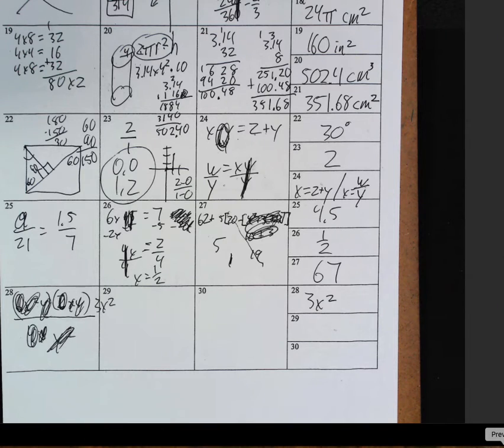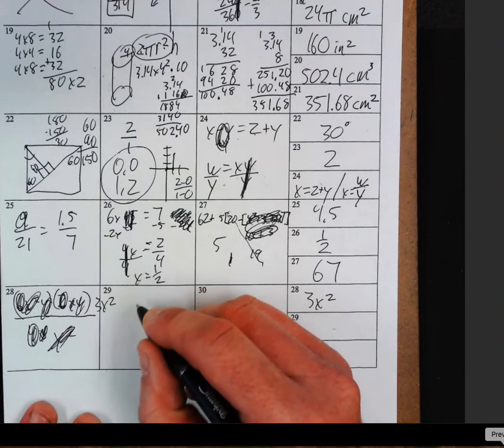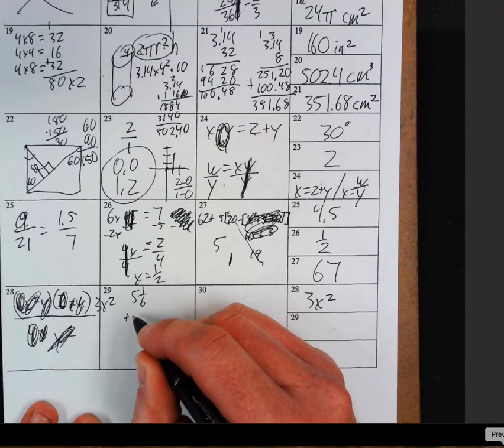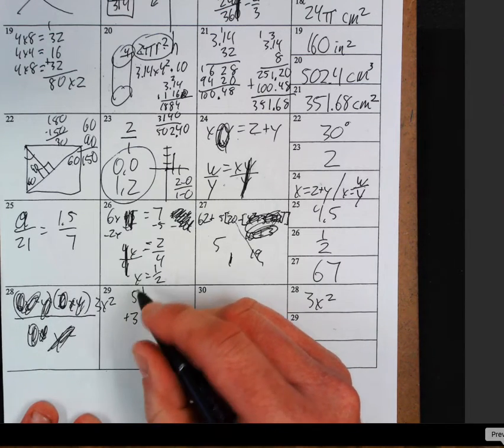You're set. 29. I have 5 and 1/6 plus 3 and 0.5 minus 1/3. I looked at 1/6. I looked at 1/3. I know I have to mess with fractions. So I need to switch the first one. 5 and 1/6 plus 3 and 1/2.